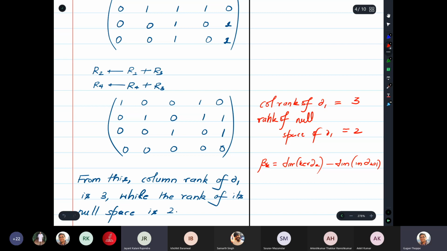Is this okay? So this is what we require, and I am just emphasizing that we are looking at the column rank. You are right that we can just say it as the rank of this matrix. Okay, sir. Thank you. Any other question?